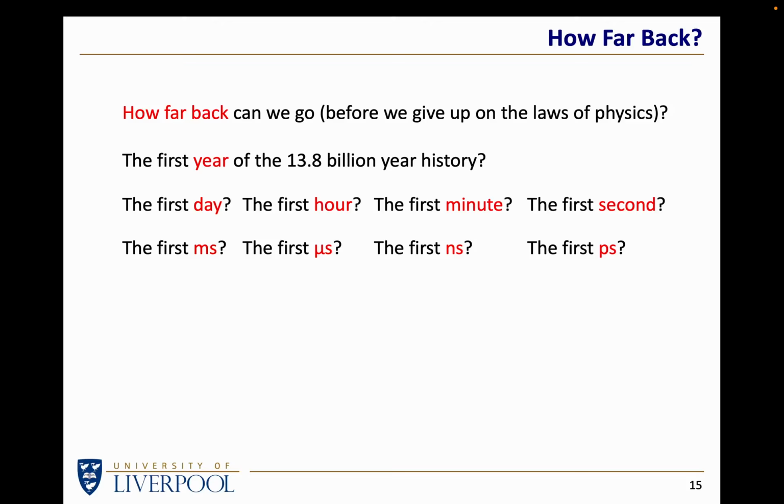From this point backwards, we don't really have a solid handle on what was actually going on. I'll explain shortly why 1 picosecond is the watershed between what we are reasonably happy with and what is pure speculation. So before a picosecond, we're on shaky ground.